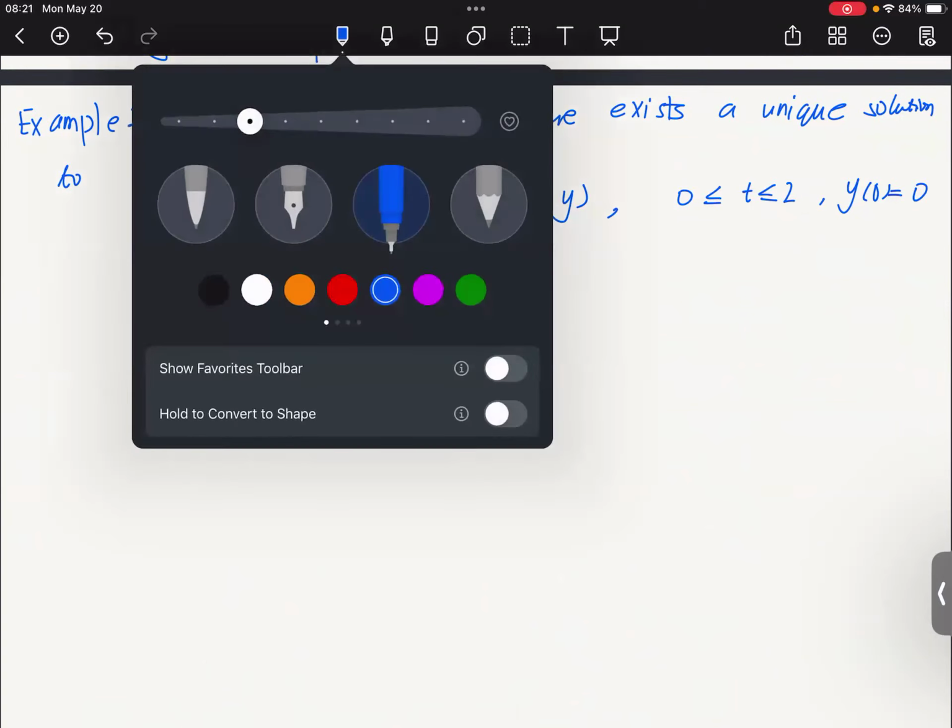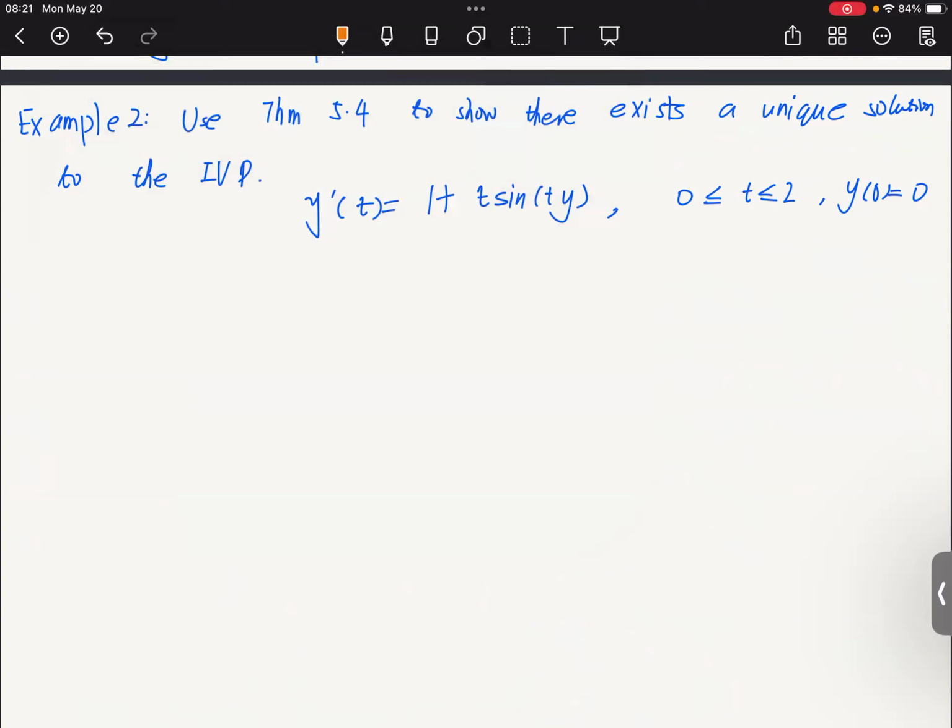What is the f function here for this problem? This is the f function, f(t,y), and we are going to check. First, obviously this function is continuous for the variables t and y.